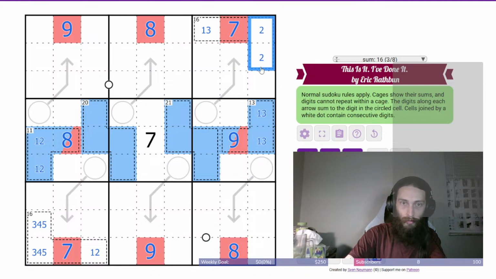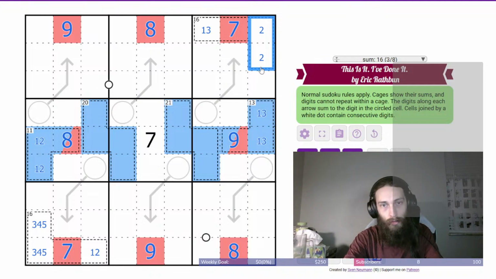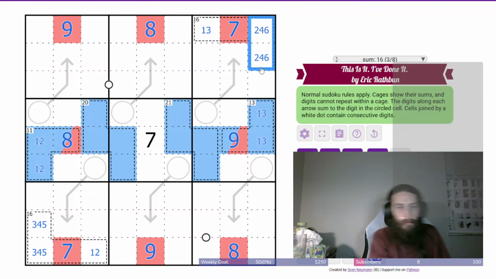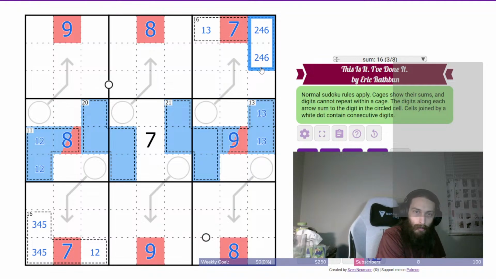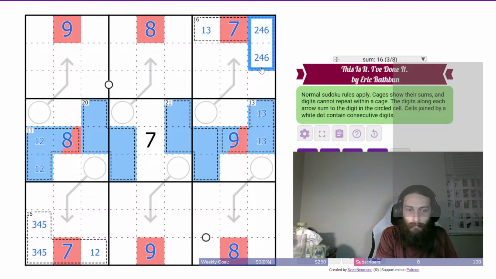This is going to be 2, which now I need 7, which is either a 6 or a 4. I think I did that correctly. Does that make sense? Yeah. Okay.